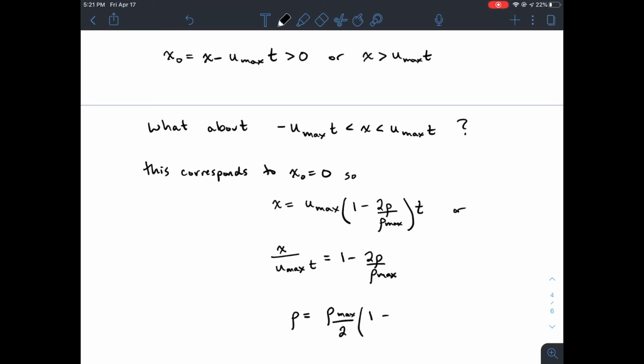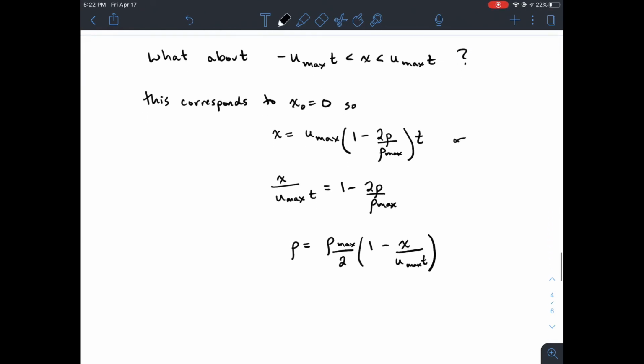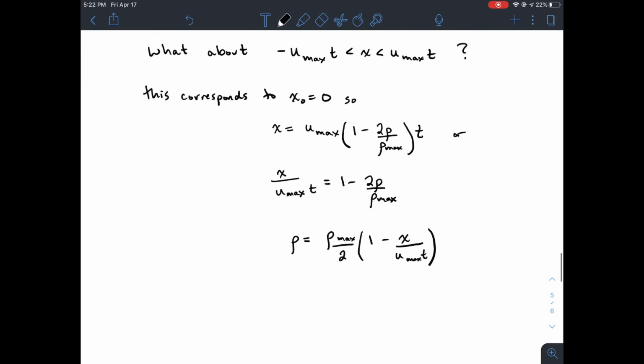Rho equals whatever it's going to equal, right? It's going to equal rho max over 2 times 1 minus x over u max t. Okay, so I'm going to put that in. I'm going to actually collect all 3 of those now, so that we know.